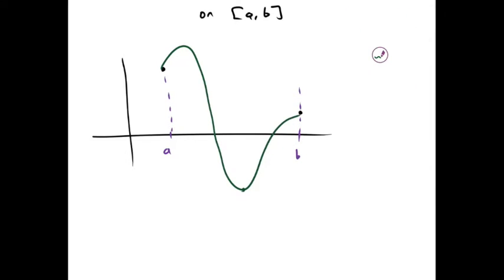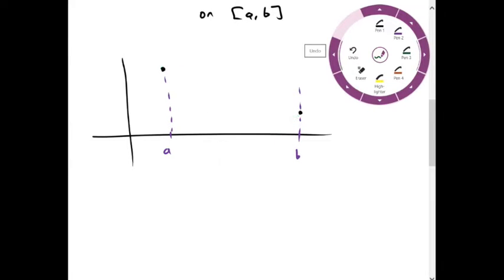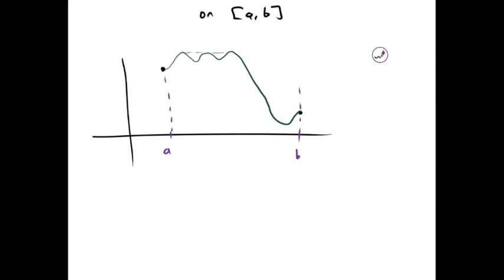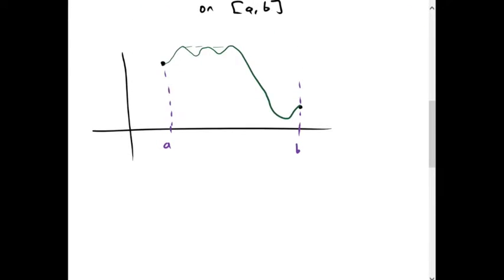Either way, there is going to be a global max, and more than one point can be the global max. These are all the same y value, so we'll have a global max at all these points. So that's useful because it lets us know that there has to be a global max and min if these conditions are met.